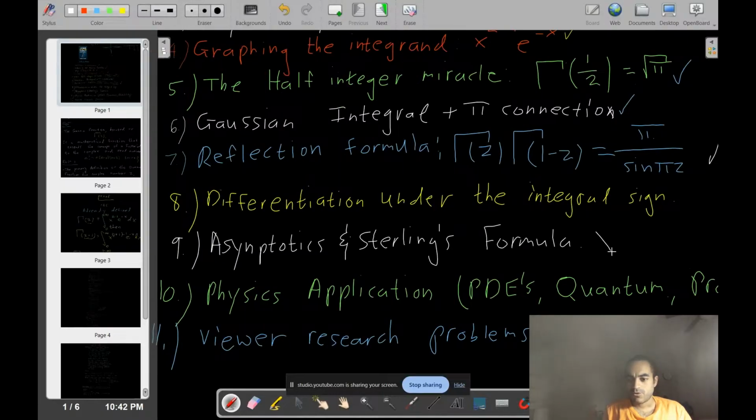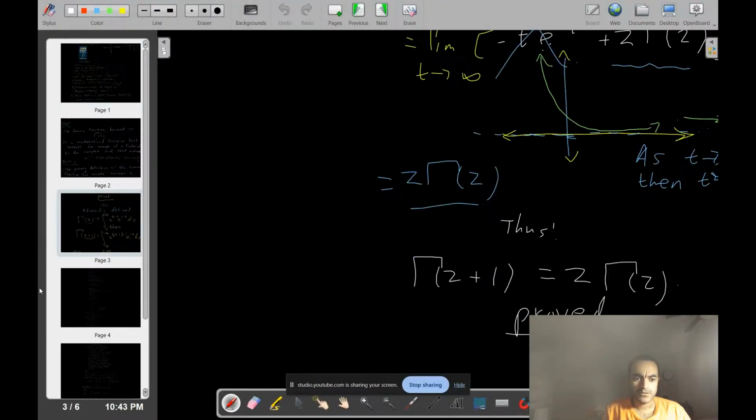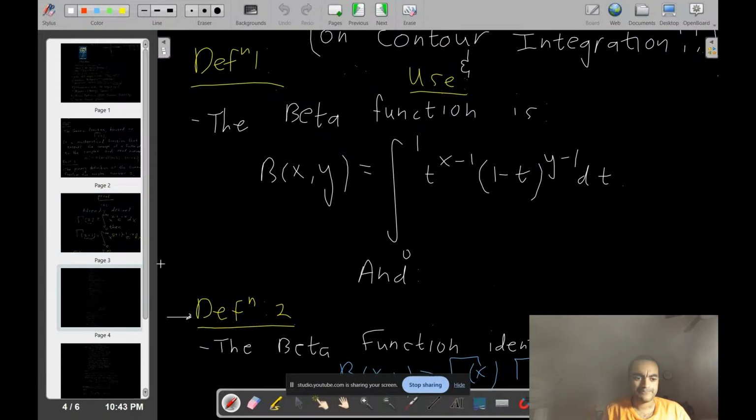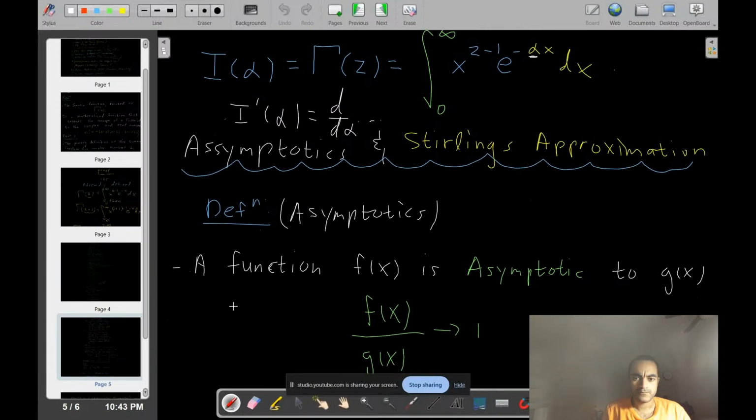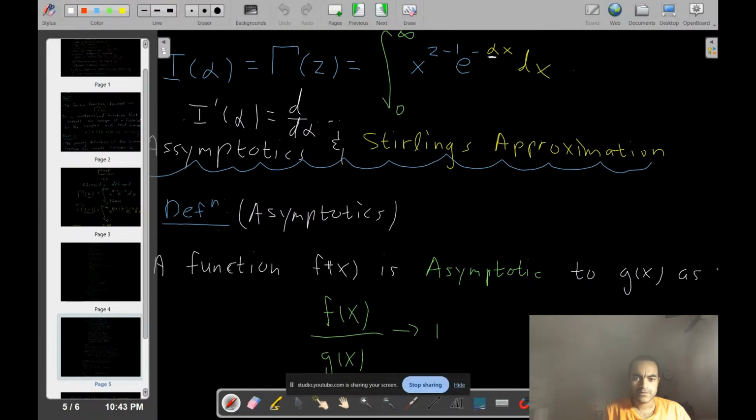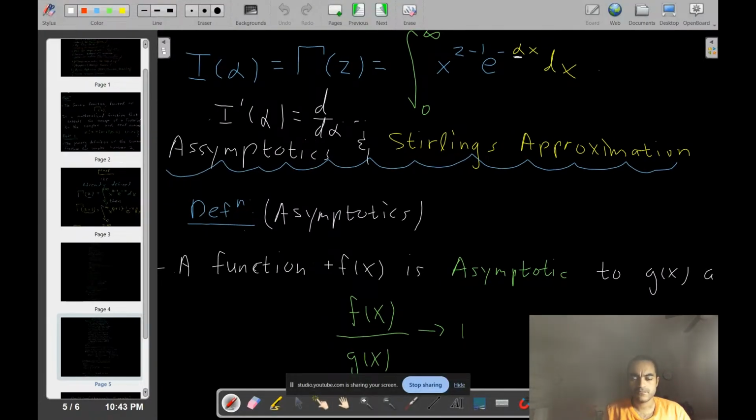So we talked about differentiation under the integral sign, that's done. Now we're going to look at asymptotics and Stirling's formula.